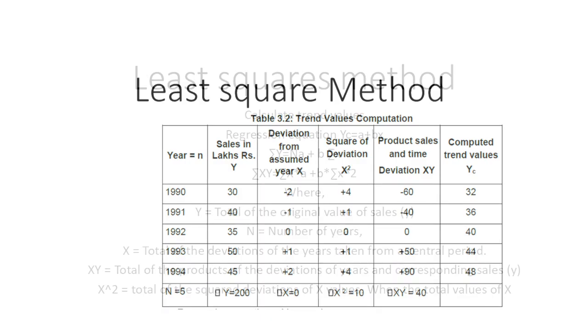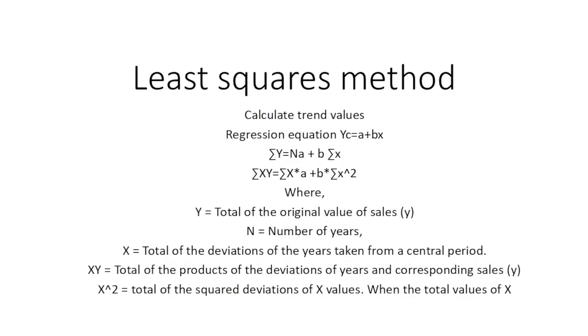Then from the regression equation, we have two values. Here summation y is equal to, from this first equation we can find out the value of a, because summation x is equal to 0. As I have shown earlier, the summation of the deviation from the assumed current period is equal to 0.